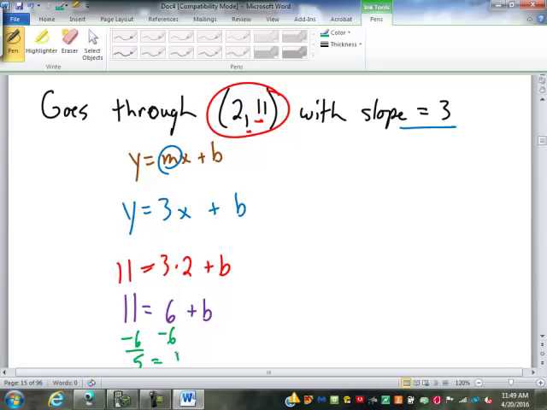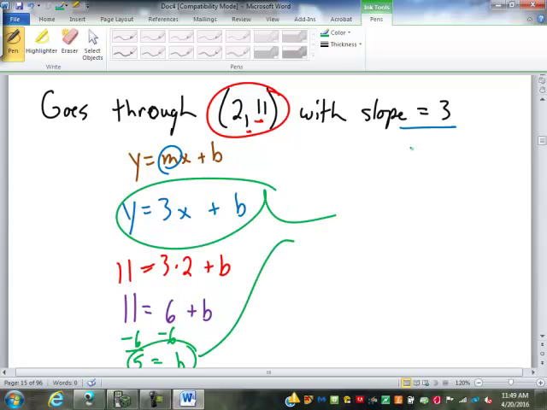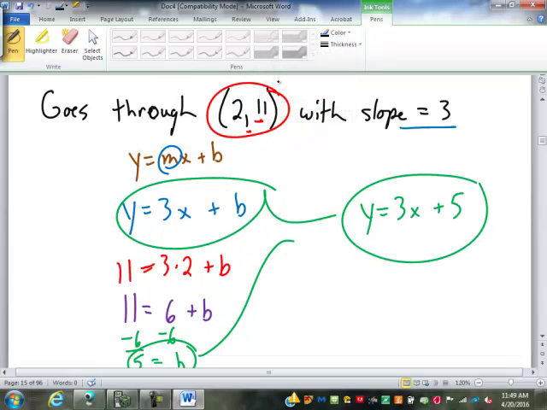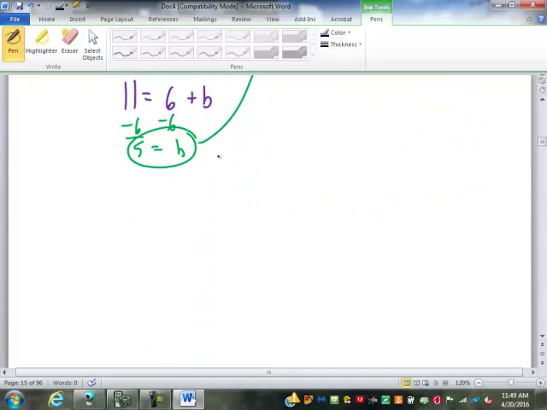So 5 equals b. So back to this equation, y equals 3x plus b. We now know that b is 5. So 3x plus 5. So if we're given that information, as long as we're given the slope, it's just a matter of putting in the point and solving to find out what the y-intercept is.